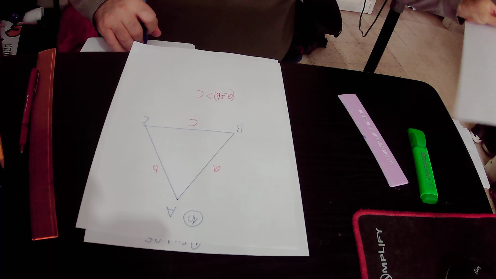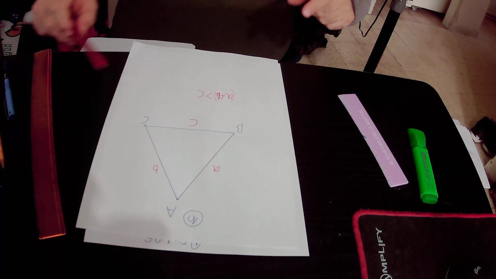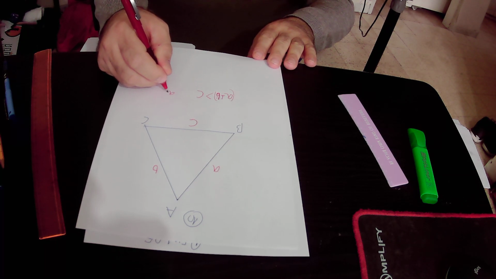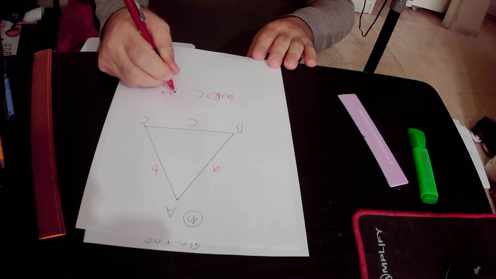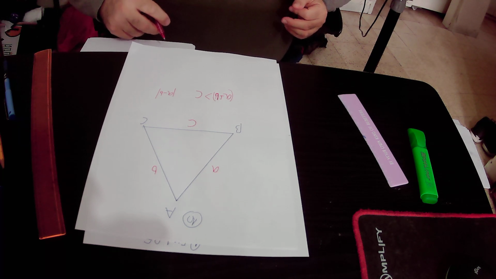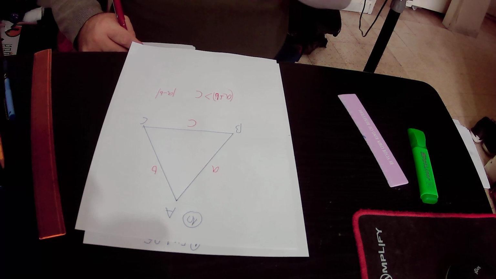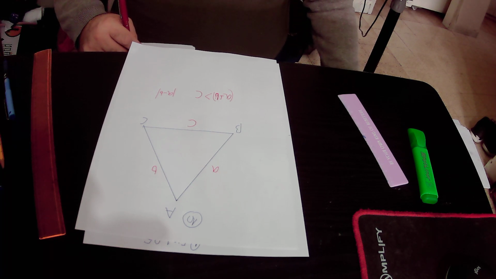So if we look at the drawing, the difference between two sides of triangle ABC is actually A minus B, or we can also say that it is the absolute value of A minus B. We will take the absolute value of A minus B because if A is smaller than B, then A minus B will be a negative number, and because we are dealing with the sides of a triangle, we should not get a negative number, so we will get the absolute value of A minus B. So according to the second part of rule number 4, the difference between two sides of any triangle, that is to say A minus B, is smaller than the length of the third side.